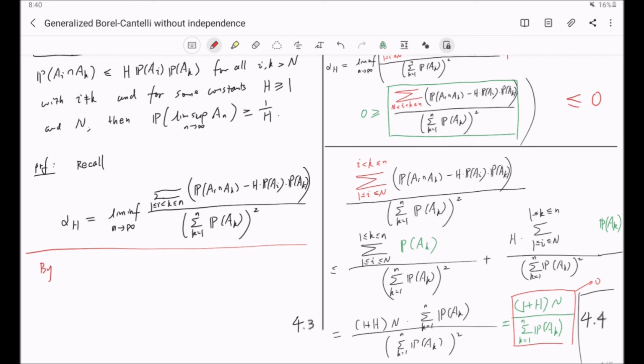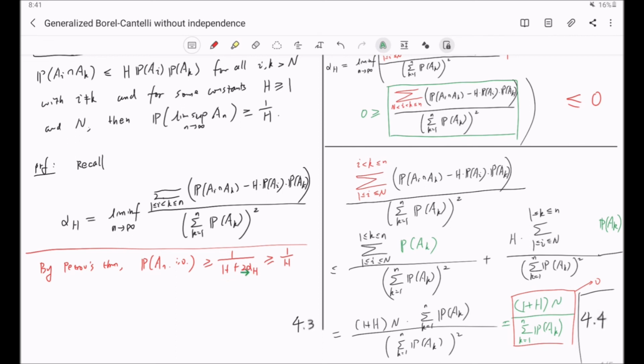So, by the Petrov theorem, the probability of An happening infinitely often is greater or equal to 1 over h plus twice of alpha h, which is greater or equal to 1 over h.